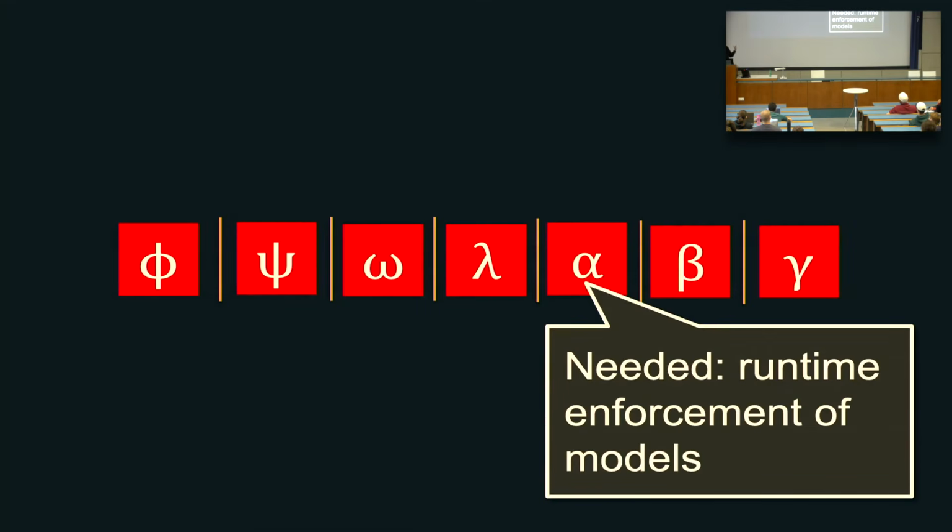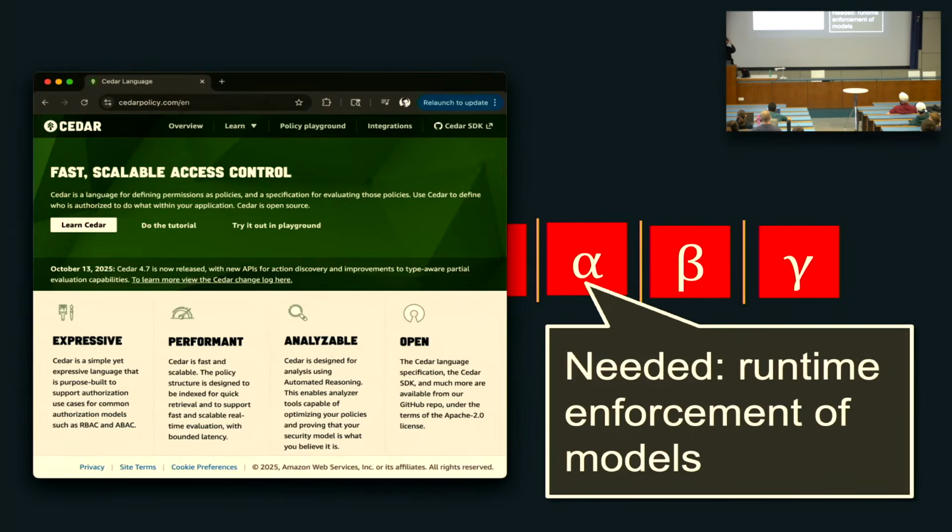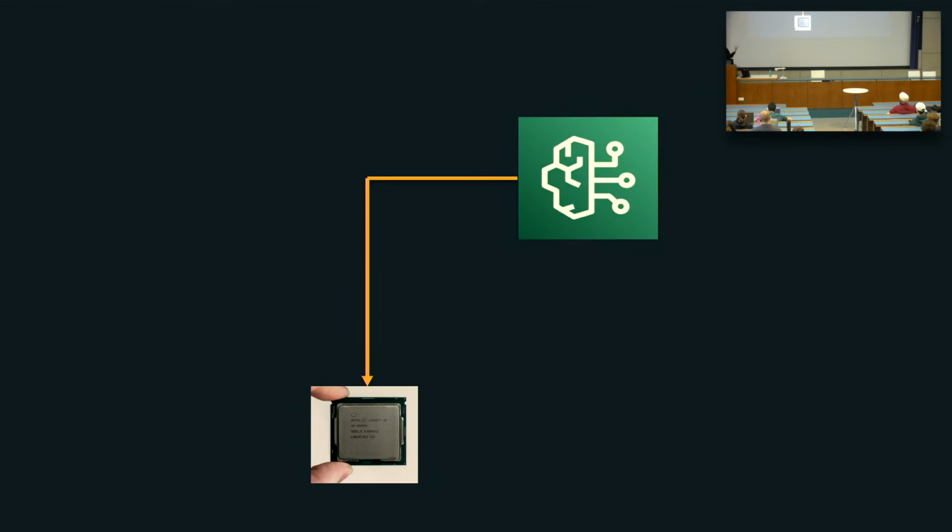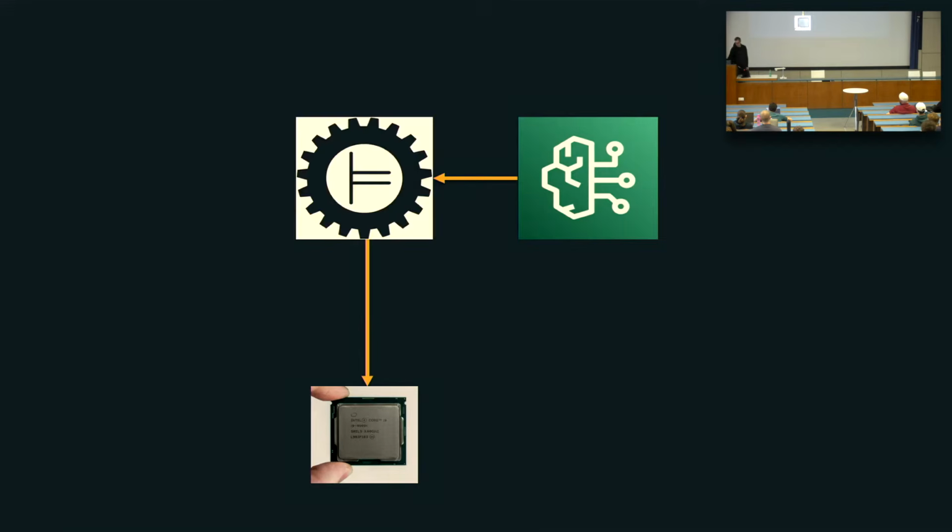And then what we need is a runtime enforcement for the actual agent, because the agent is an LLM generating commands. And so we're looking at using Cedar, which is a policy language, together with formal reasoning capabilities. So the idea is you have a large language model generating commands for a microprocessor, and here's a little picture of a microprocessor. What we would do is interrupt them and do reasoning using that formal model.